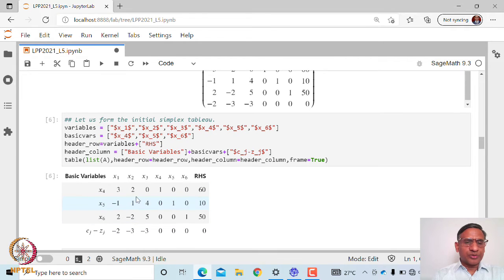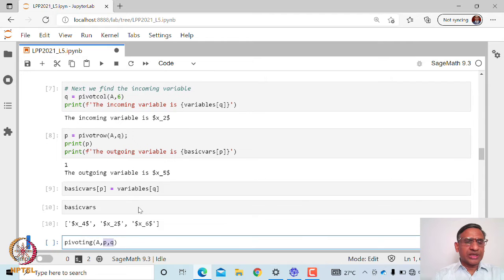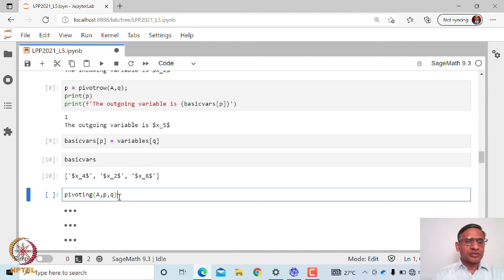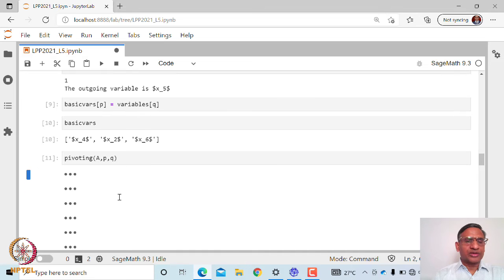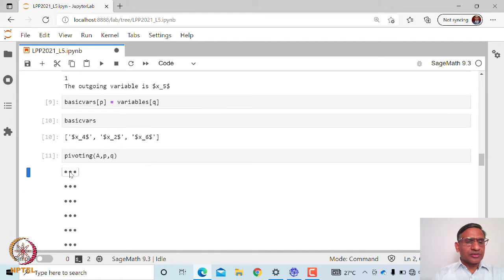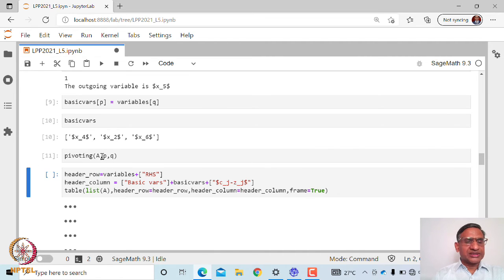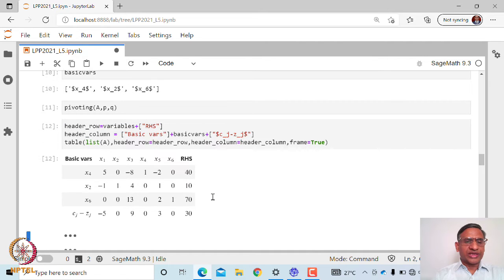We will do the pivoting by calling the function pivoting on A comma P comma Q, where P and Q are the entries corresponding to the outgoing and incoming variables. Once we have updated A, let us again create the simplex table. This will be the first simplex table after updating the initial simplex table. Right, so this is what we get.